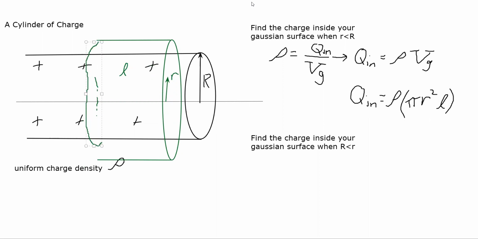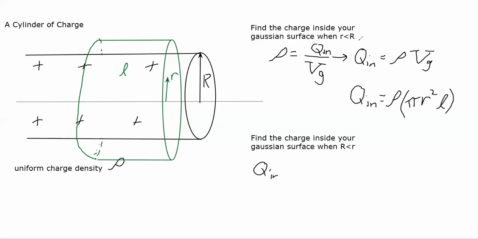All right. Okay, so it doesn't look great. So my Gaussian cylinder is now larger than the physical cylinder, right, than the capital R. So in order to find the total charge inside my Gaussian cylinder, I'll do the same thing.